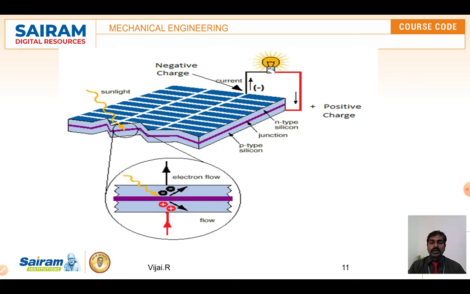When it falls on an object, a silicon object, there are n-type and p-type silicon. So there is a junction between the n-type and the p-type, which we call a pn junction.